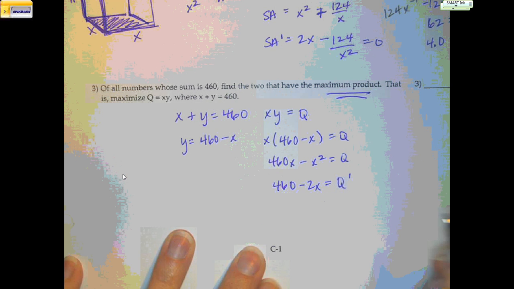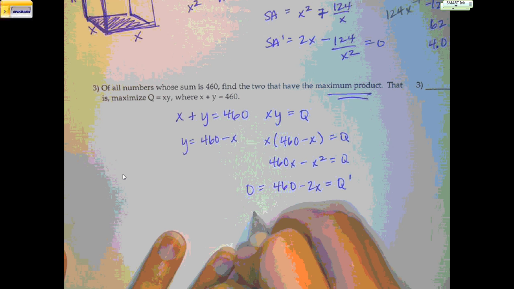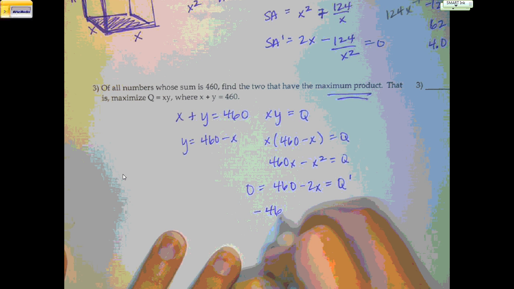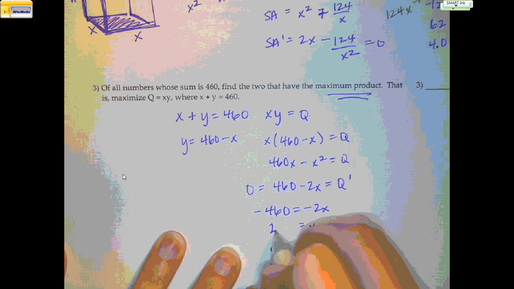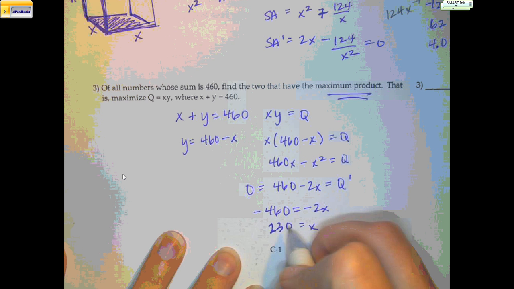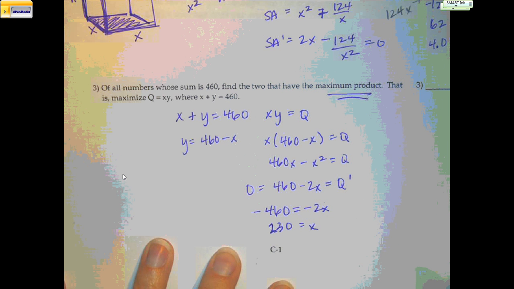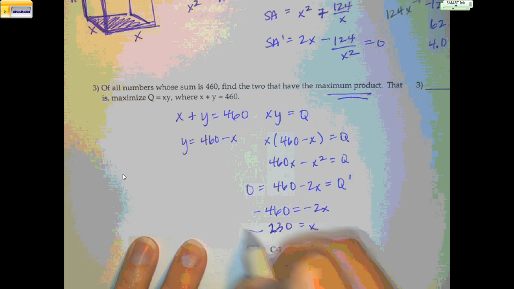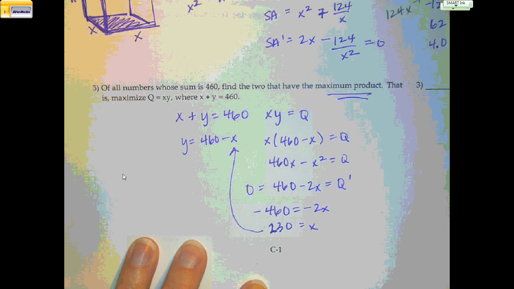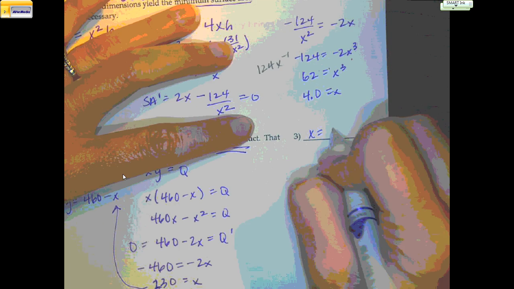Set it equal to 0. We should get 230. If I take 230 and I plug it back in right there, my y is also 230. So the two numbers are 230 and 230.